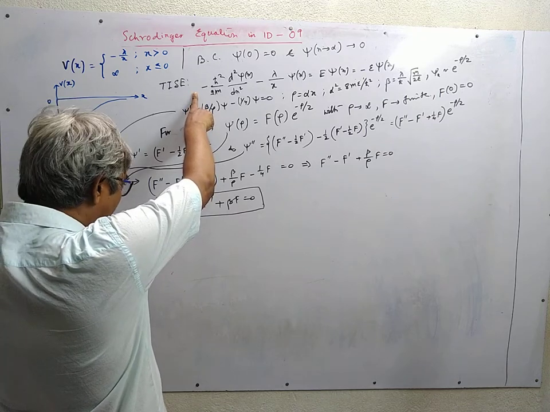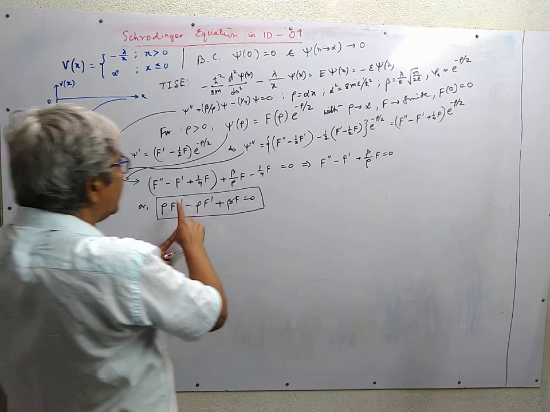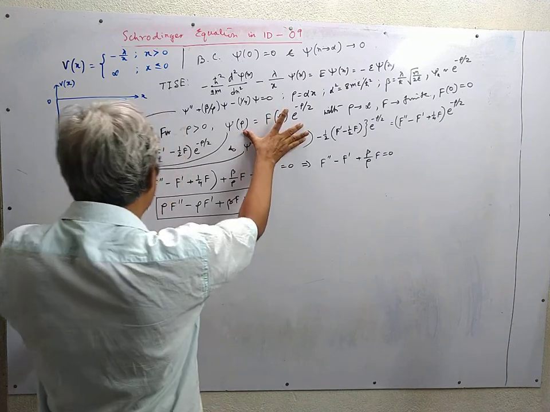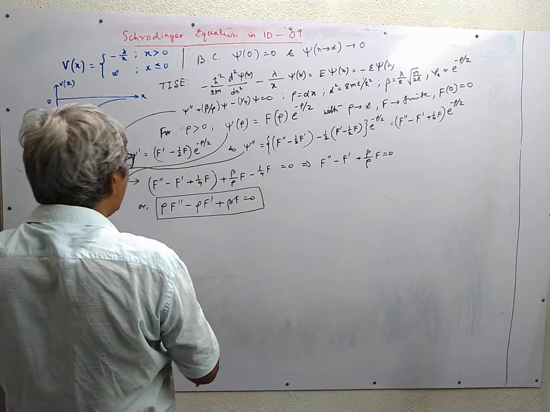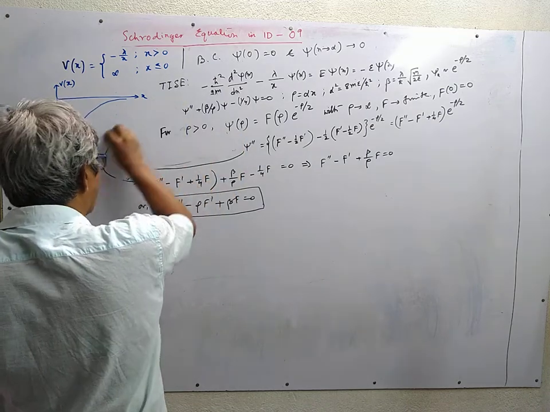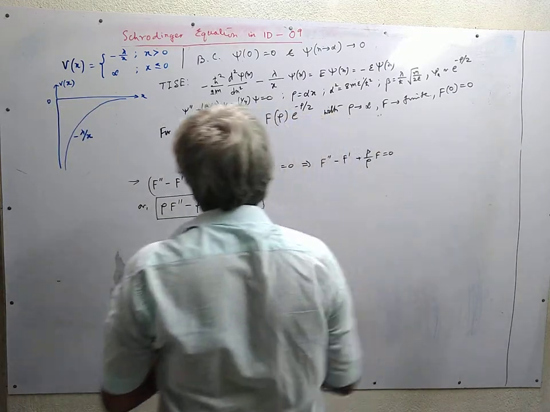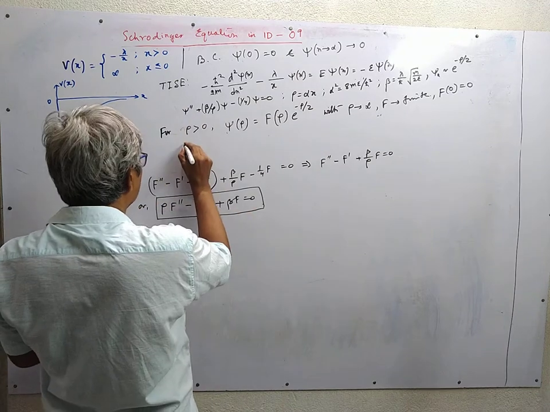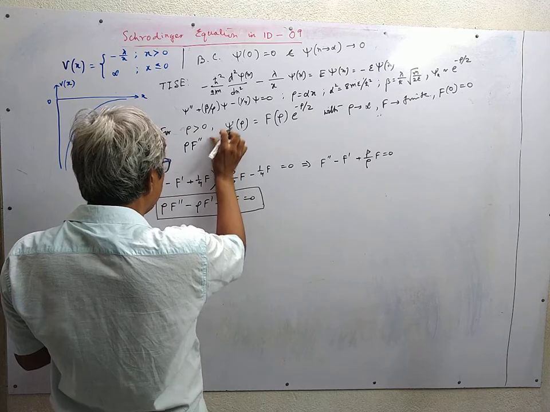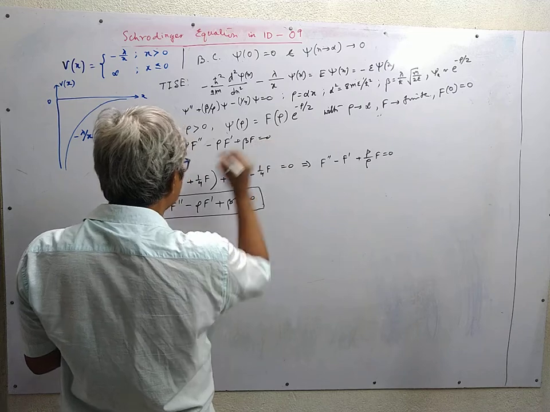The solution has now reduced to the solution of this differential equation, with f and psi related by this defining equation. Again, as a simple problem, I only write the relevant parts, and we will have rho f double prime minus rho f prime plus beta f is equal to 0.